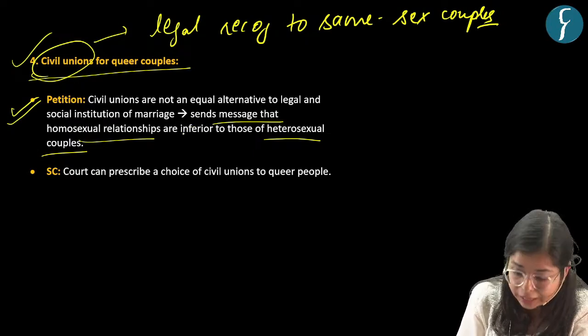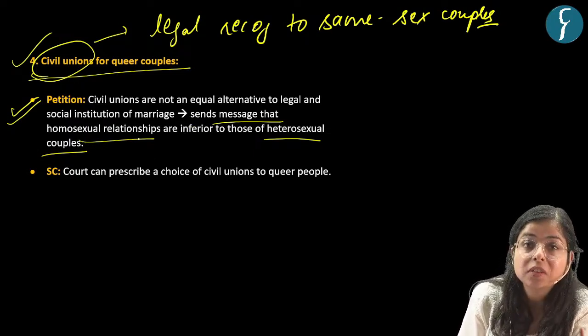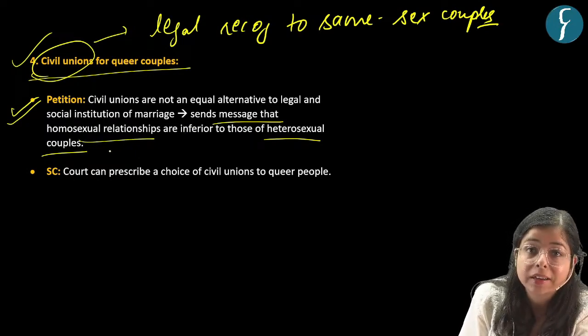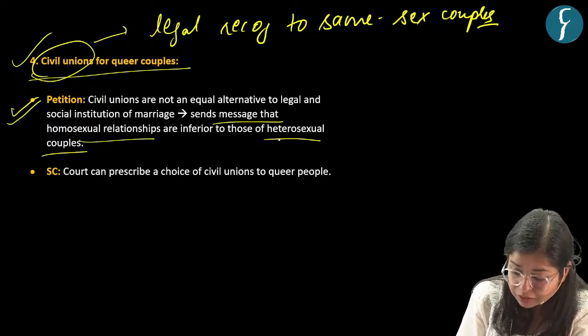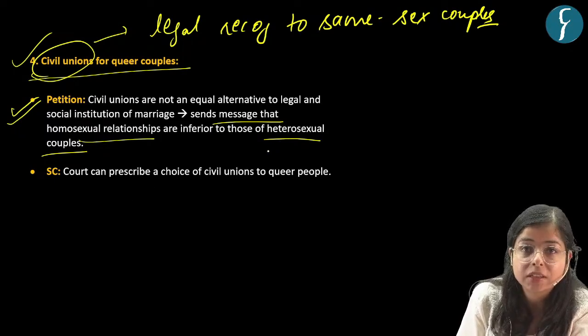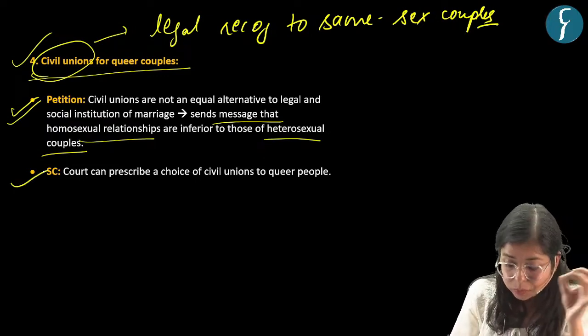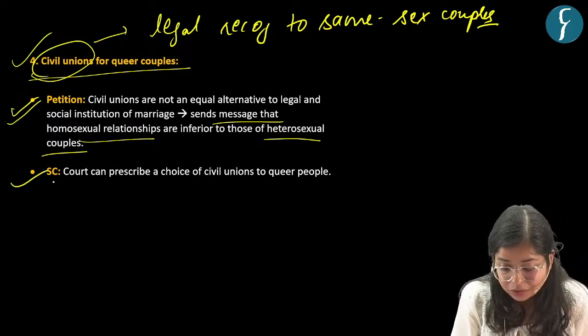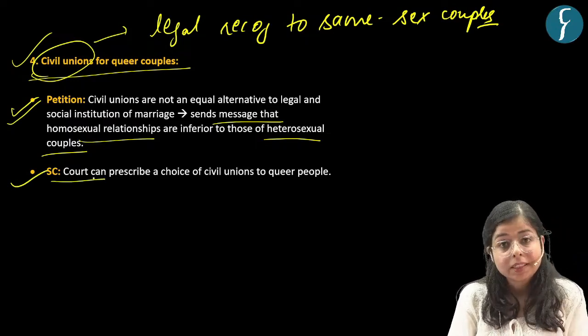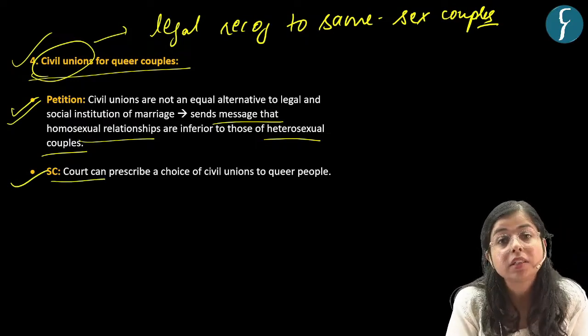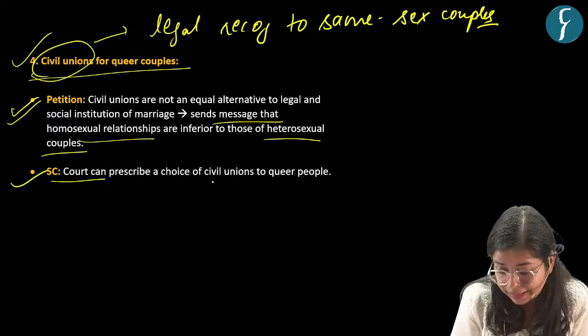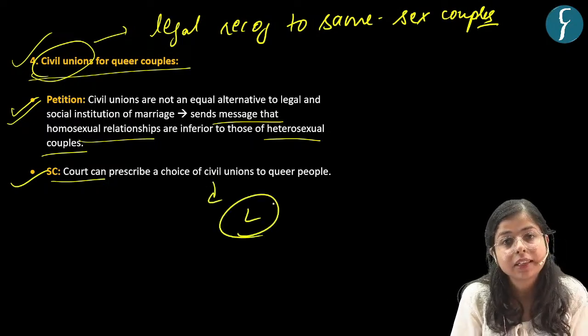So they thought that since homosexual relationships are getting recognition under civil unions but not under marriage, they are somewhat inferior to heterosexual marriage, and this is what they didn't want. But still, the Supreme Court has said again that the court cannot prescribe a choice of civil unions to queer people. And this again is what a legislature can do, right?